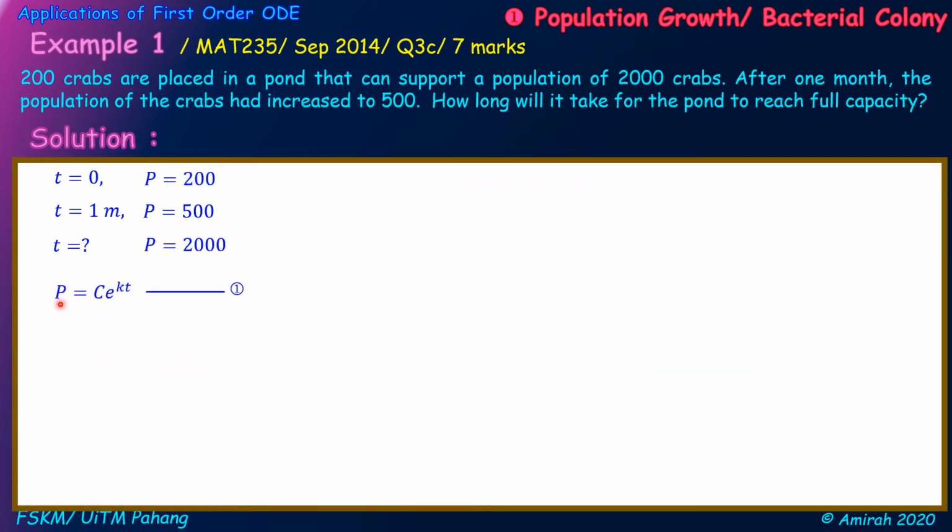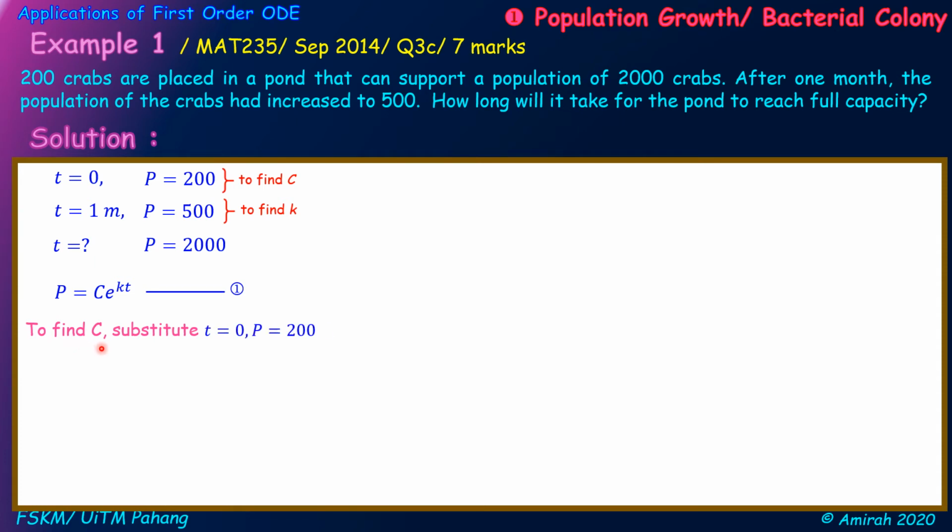From the previous slide, P equals Ce to the power of kt, equation 1. We can substitute t equals 0, P equals 200 to find the value of C here. And we can substitute t equals 1 month, P equals 500 to find the value of k. Then we can find the time.